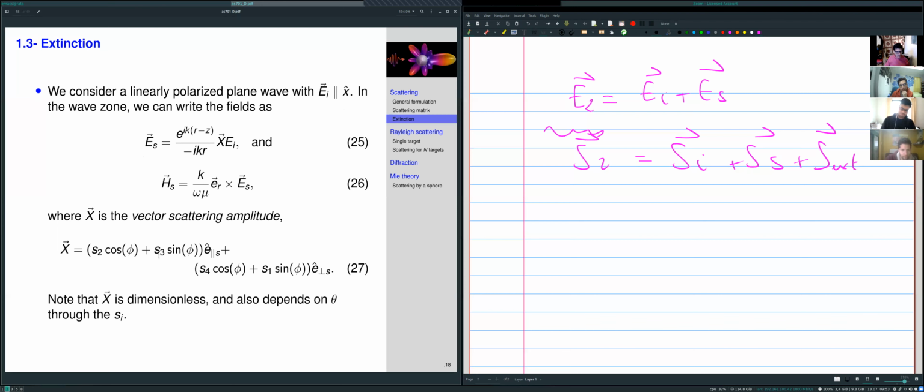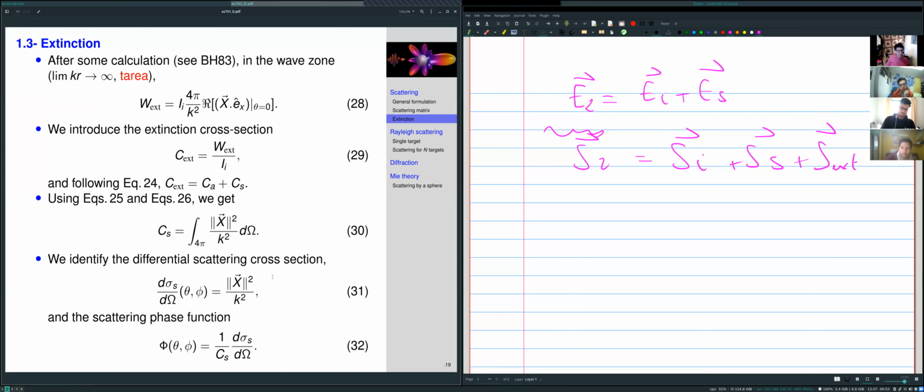And this is the scattering amplitude, right? The amplitude scattering matrix, S2, S3, S4, S1. We can compute, well, this is a bit tedious. I'm giving you this as homework, so you have a clear idea where it comes from.